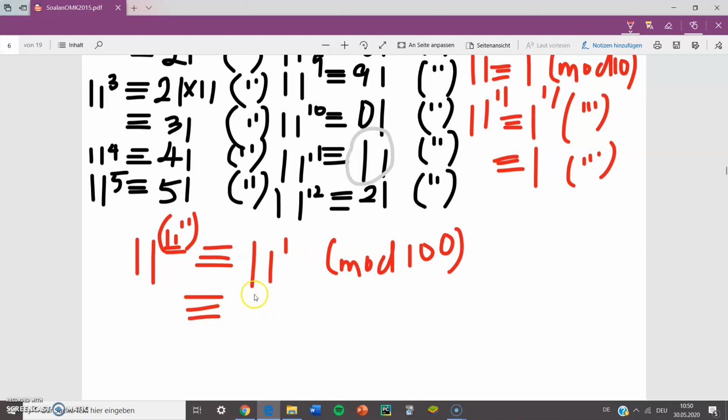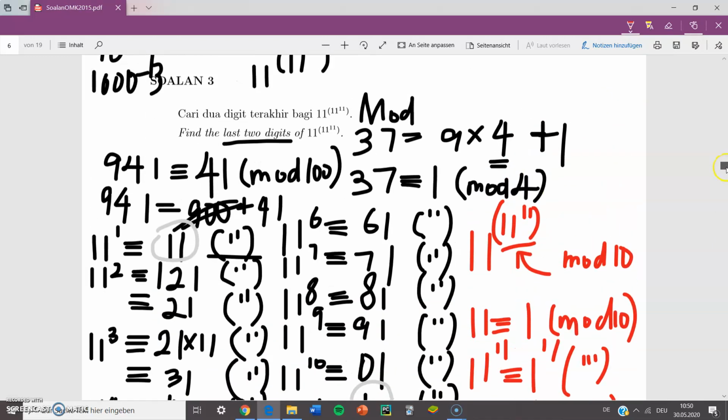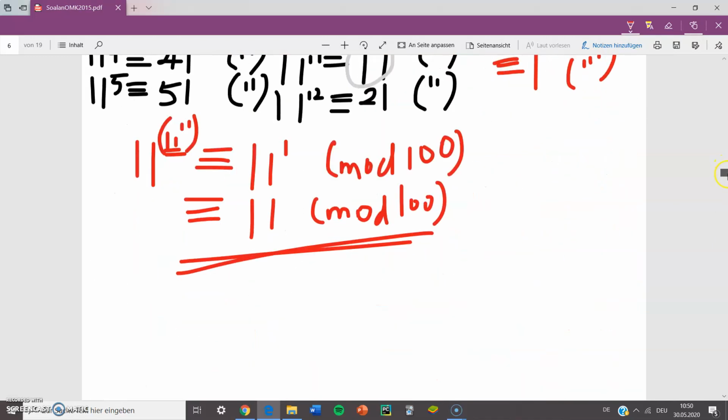And then easily 11 times 1 would just be 11 itself, mod 100. Voila, this is our answer. The question asked for the last two digits, so our answer is 11.